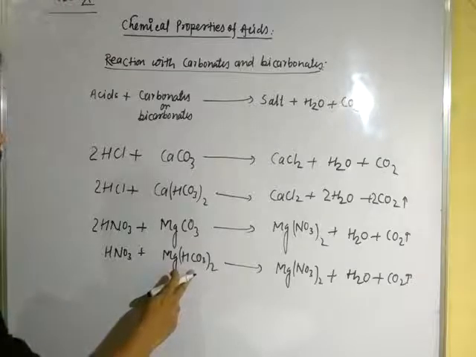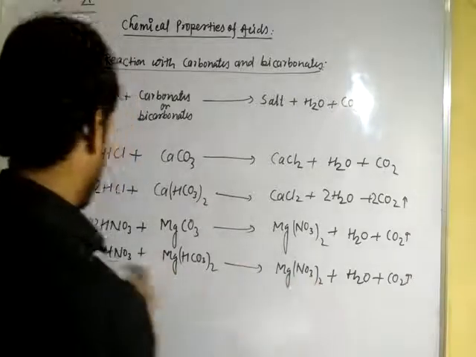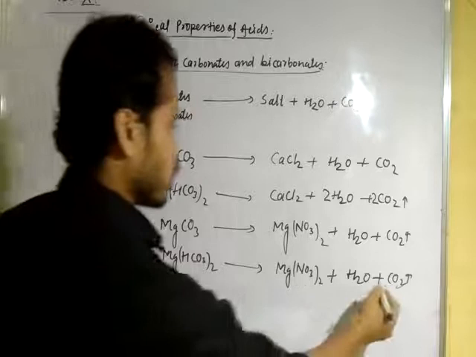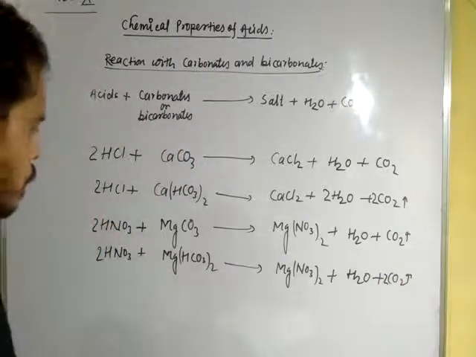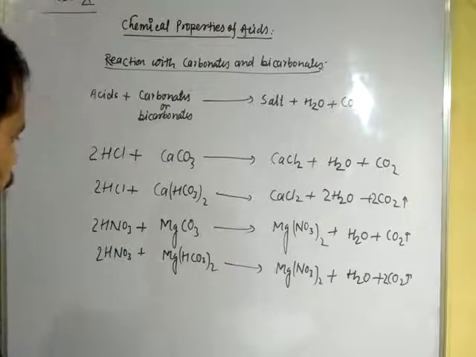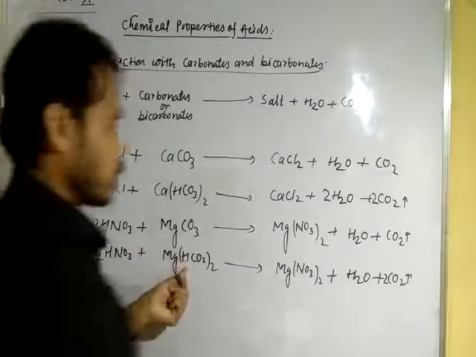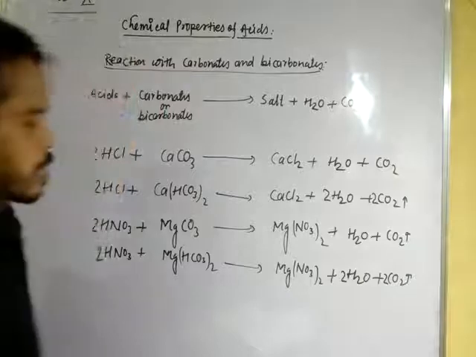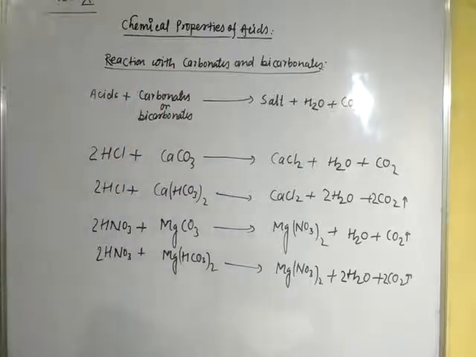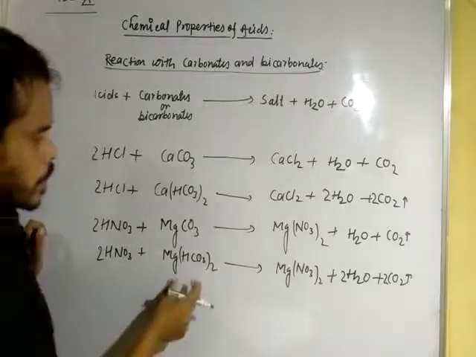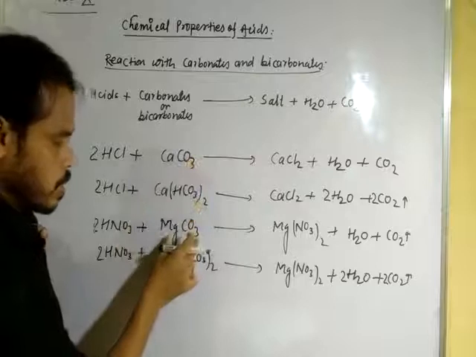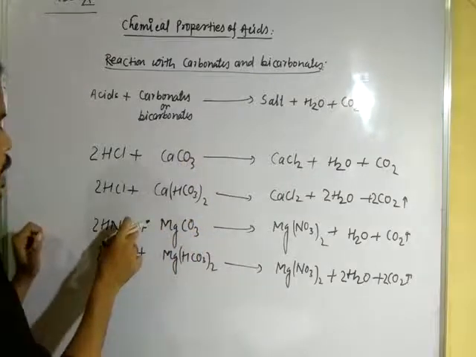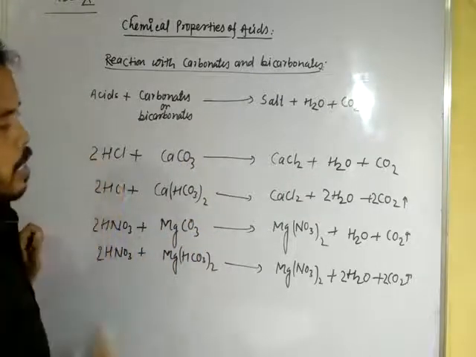Here 2 carbonate, multiplied with 2 and once again also with 2. Okay? Clear? And 2 to 4 2. Clear? This reaction is balanced. Okay? This is magnesium bicarbonate, this is calcium bicarbonate, this is calcium carbonate, this is magnesium carbonate treated with nitric acid, HCl. Okay?